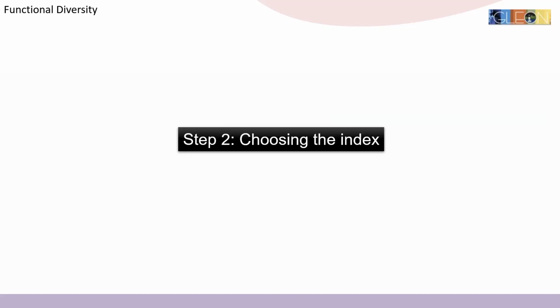So after you choose your traits, I hope I'm not going too fast, after you choose your traits, and you have wisely chosen them, then the second step is to choose the indexes that you are going to use to calculate functional diversity, because we have a lot of options here as well.